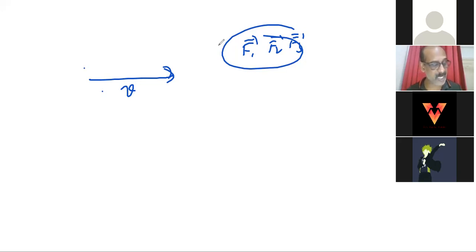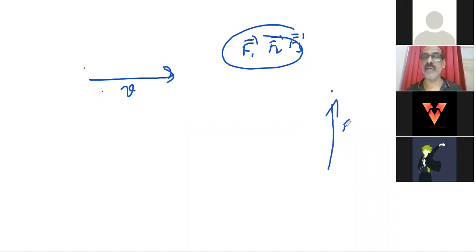These forces are represented in magnitude and direction by three sides of a triangle taken in the same order.